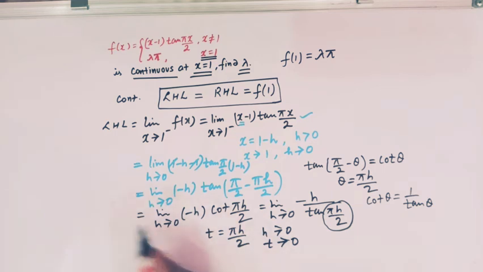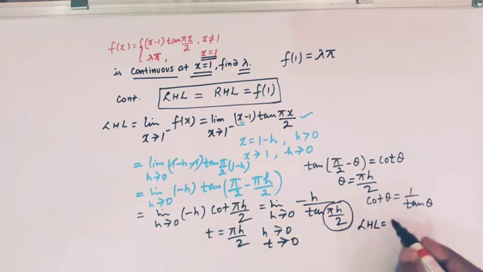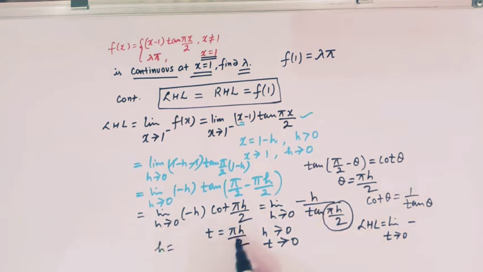So the left hand limit now becomes the limit as t tends to 0 of a negative sign, and for h we can write 2t/π, and in the denominator we write tan t.